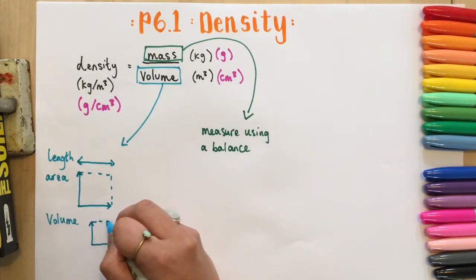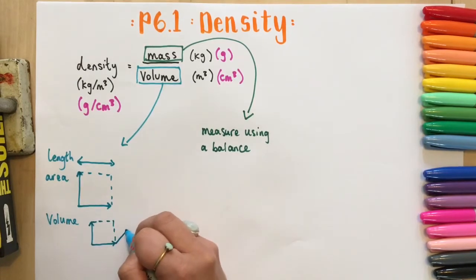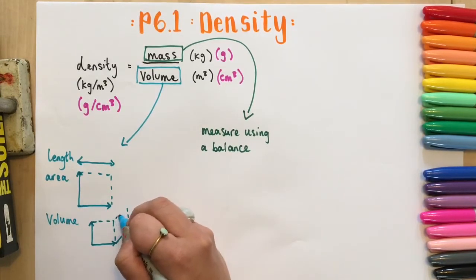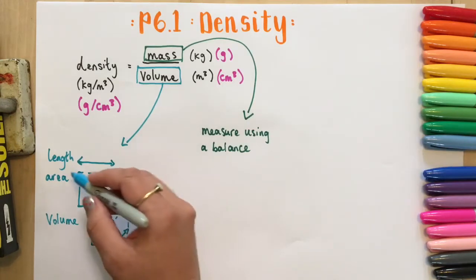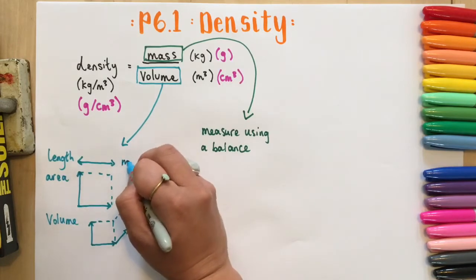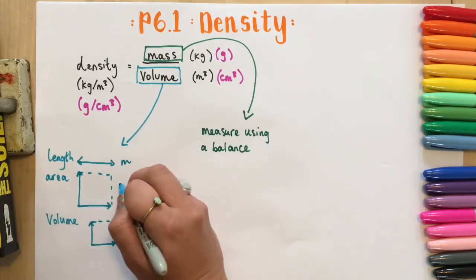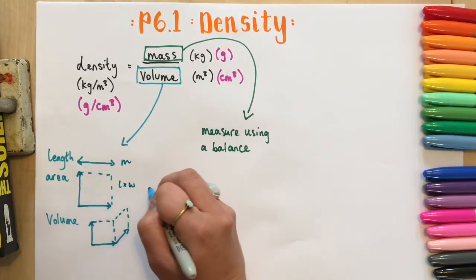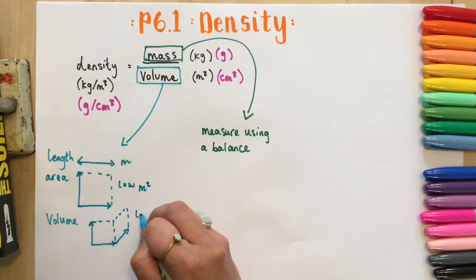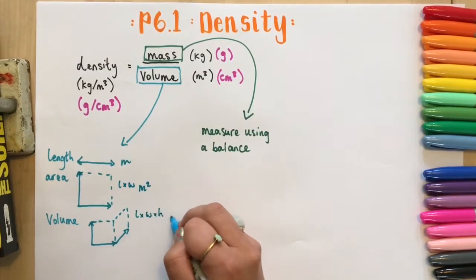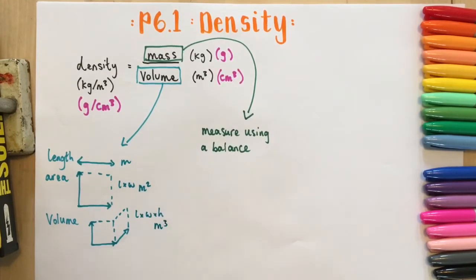So we would have the length times the width times the height. And so this is for a 3-dimensional shape. So for length, we would have it in meters. For area, we've got length times width, so it would be meters squared. And for volume, we have length times width times height, so it is meters cubed.